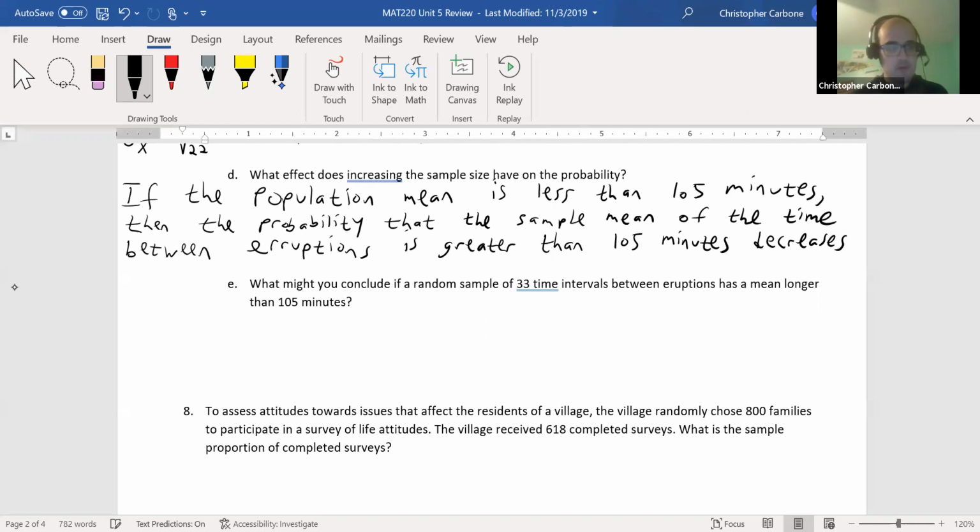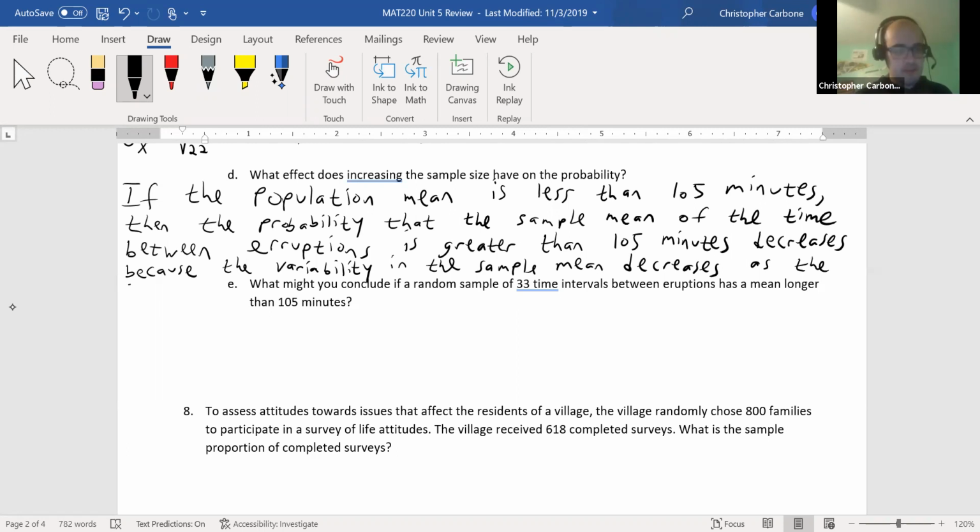Because the variability in the sample mean decreases as the sample size increases.